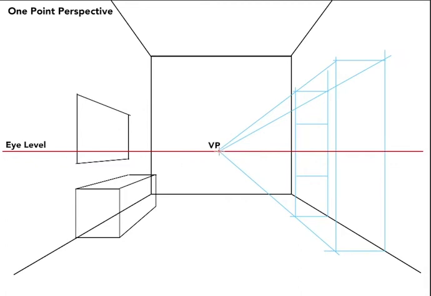Next, we will start a line from VP, pass through that corner and stop here. Let's draw that again. Start a line from VP, pass through the corner and stop here, and another line that passes through the other corner, stopping here.